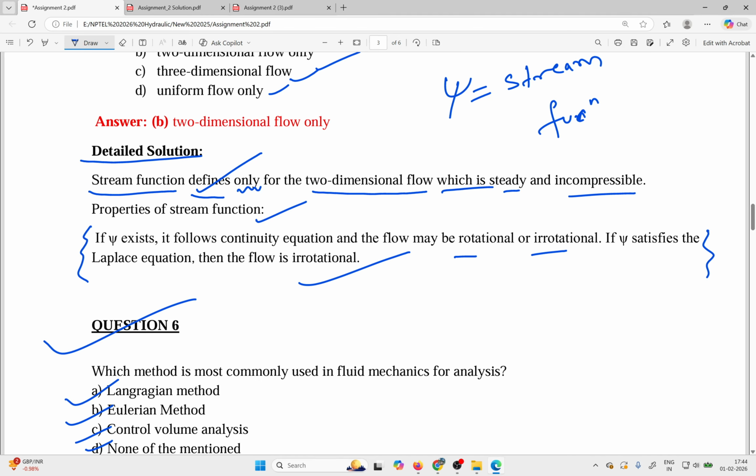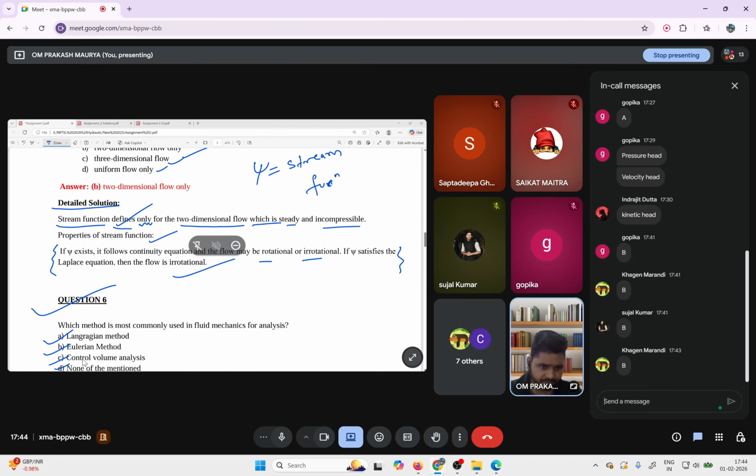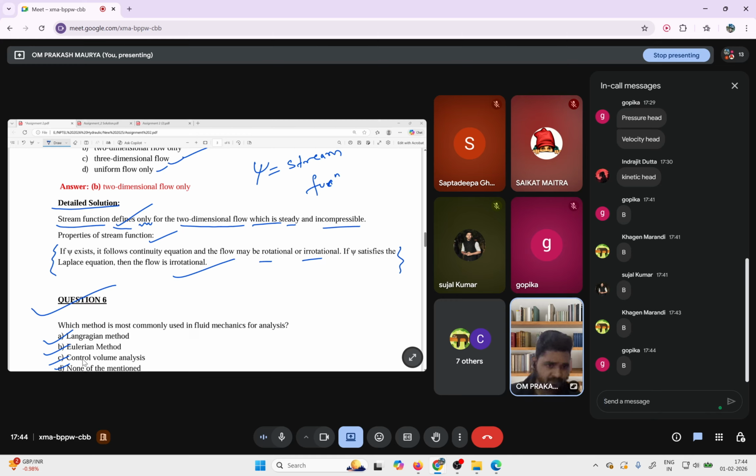In very simple terms, I'll try to explain. First, you have to attempt. Okay, Hagen is telling option B, that is the Eulerian method. Gopika is also telling option B, Eulerian.